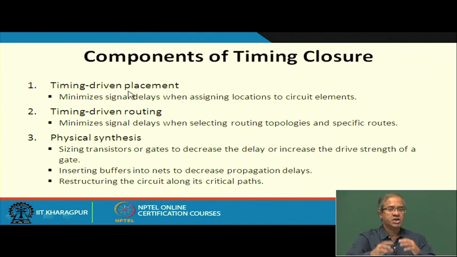Once the block placement is finalized, then only we can make some realistic and accurate estimate of the delays, like the interconnection delays, the gate delays or the cell delays and so on. But once the positions are not fixed, these delays can also vary.